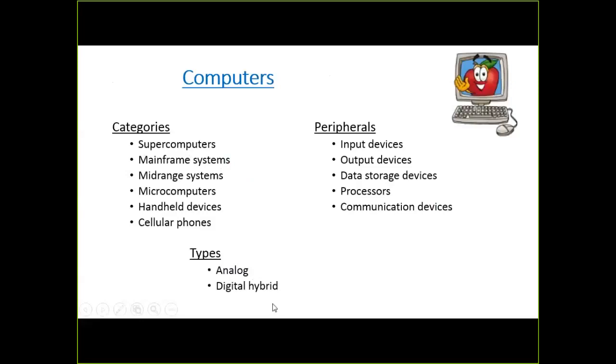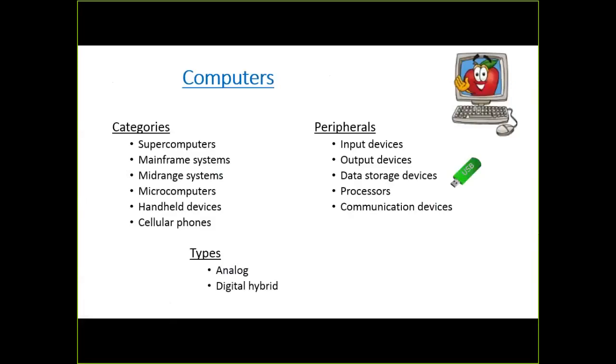And as far as the peripherals go, there are the input devices, which are your keyboard, your mouse, sometimes even the screen if it's a touch screen. Output devices, which can be a printer, a screen where you see the information. Data storage devices, which are a server, a USB drive, a CD, which are not really used that much anymore.